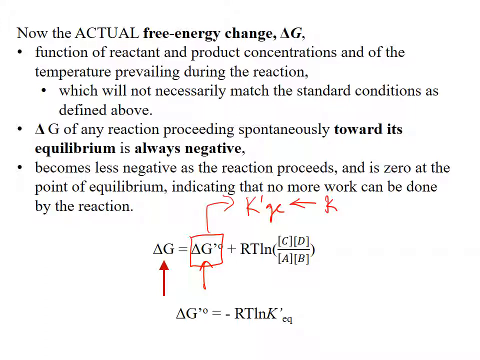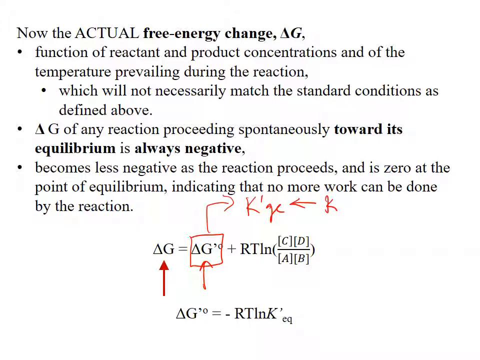So if we have a reaction that proceeds spontaneously toward its equilibrium, we have a delta G that is negative. Because this delta G is negative, it forces the chemical reaction towards its equilibrium. At the equilibrium, the delta G is 0, and there is no more reaction occurring.